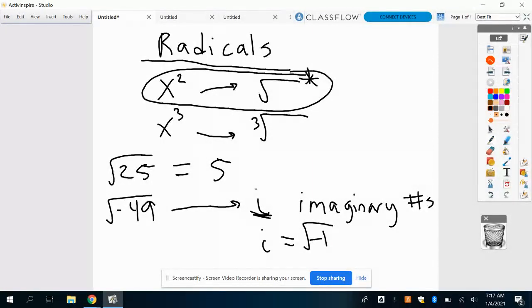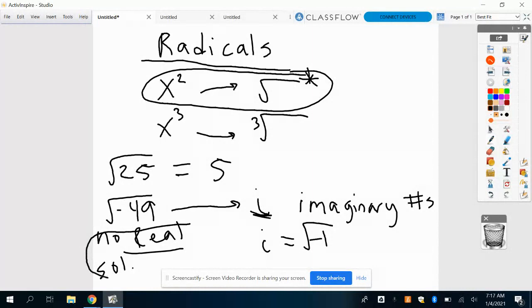Because in a normal situation, let's say you have your calculator, if you take the square root of negative 1, you're not going to get a number. It's going to say it's not possible. That's because it's imaginary. You won't have to use that, okay? It's just an introduction, something to know. What you will tell me, if you have a situation where it's a negative square root, is that it's no real solution.